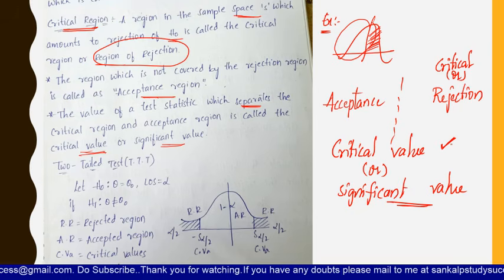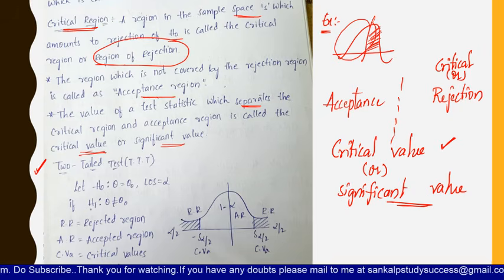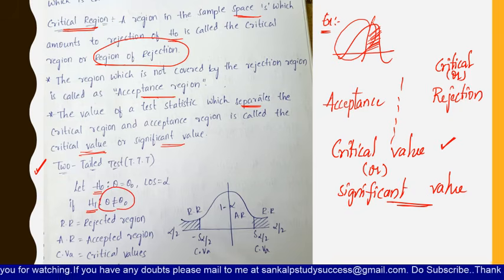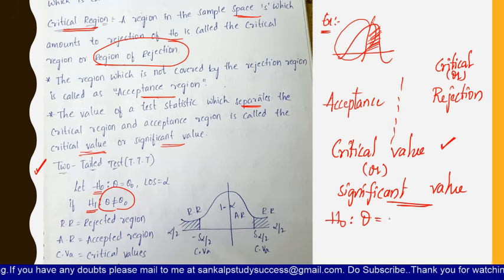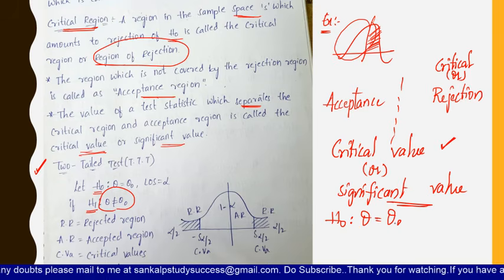So now let us come to the two-tailed test. What is a two-tailed test? Here, H1 is the alternate hypothesis and H0 is the null hypothesis. Whenever the alternate hypothesis is "not equal", that is known as a two-tailed test. That means the null hypothesis is theta equals theta naught.